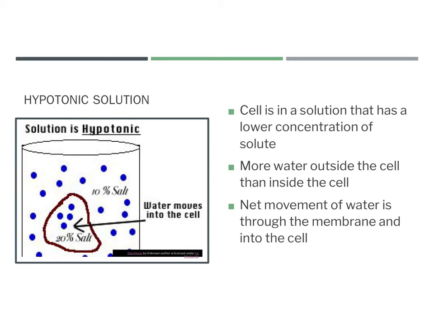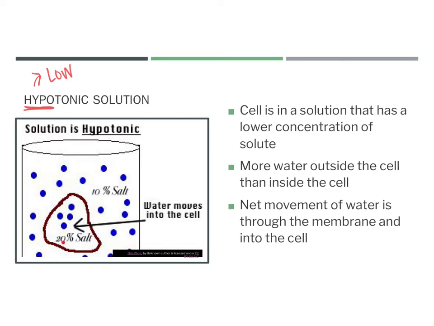All right, our second type of solution is called a hypotonic solution. Hypo means low. So think hypo is low. What this means is that the cell is in a solution that has a lower concentration of the solute.